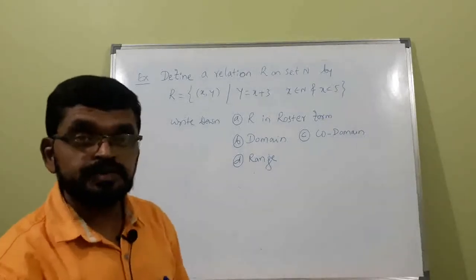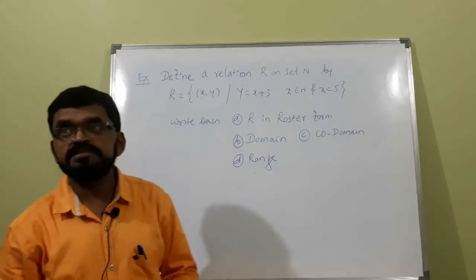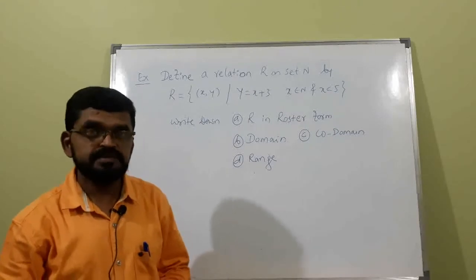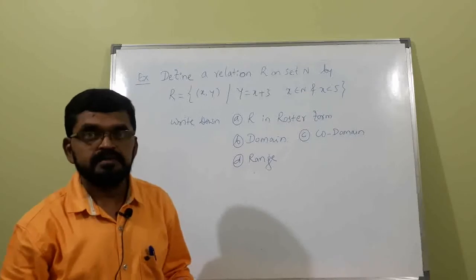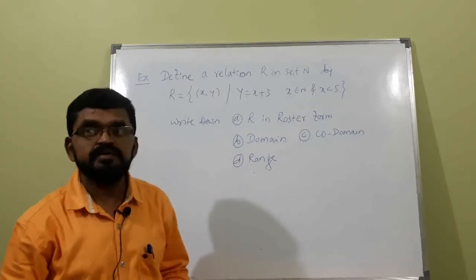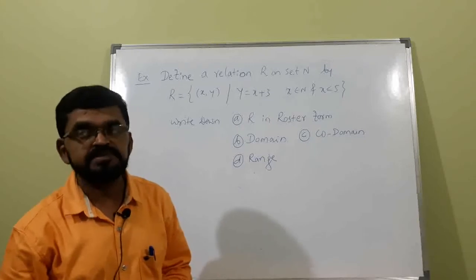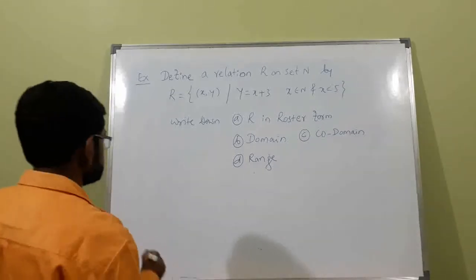Next notion is functions. A function is a specific type of relation in which every element of A has only one image in B. That is the condition. It should not have any two images.